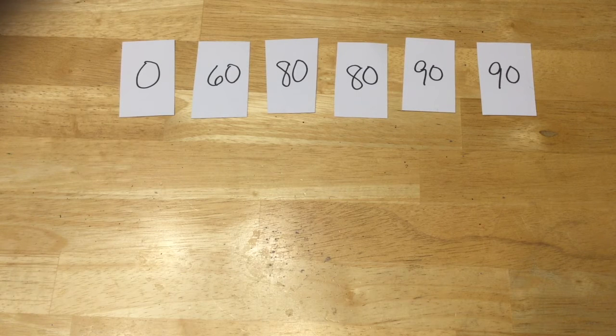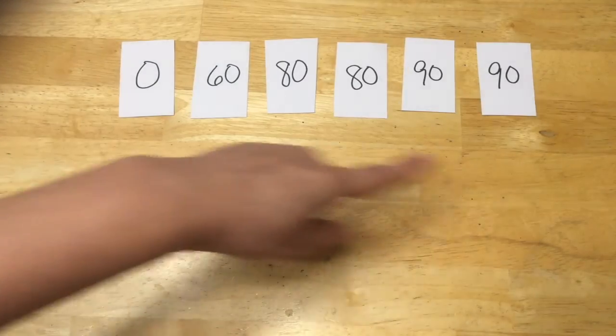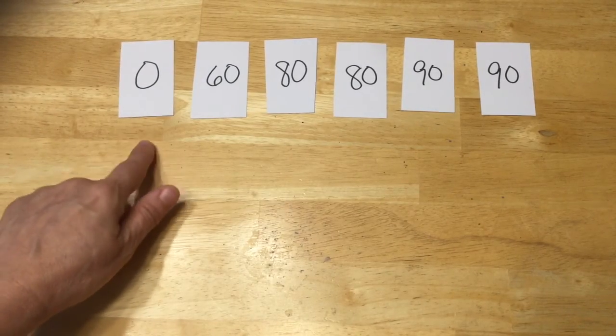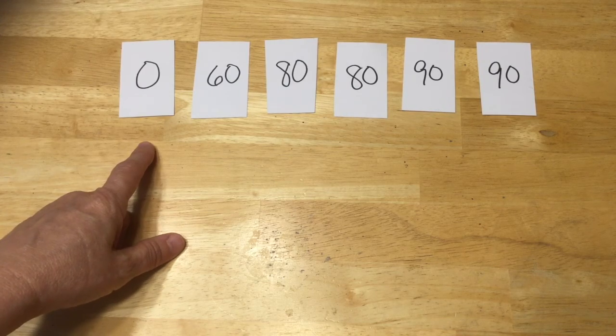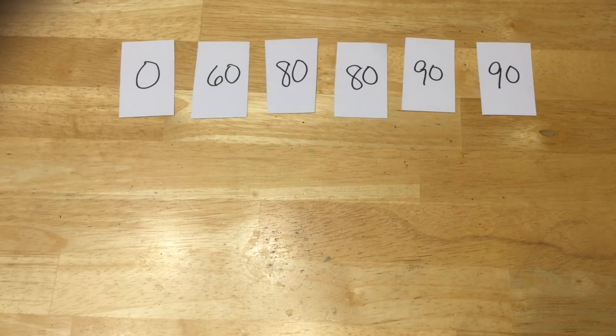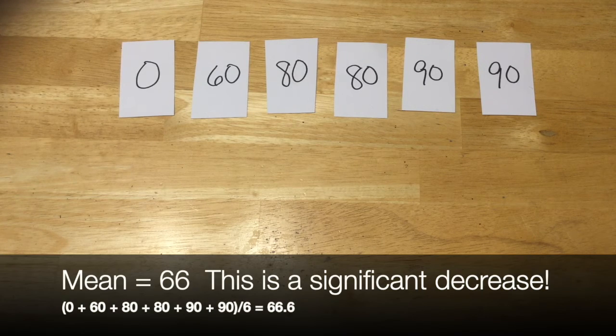When I add them all up, that ends up being a total of 400. Again, I'm dividing by 6 because that still counts. You got to include that. So when I divide 400 by 6, I end up with 66.6 repeating. In other words, a 66 or a 67, depending on how kind your teacher is, to round up.